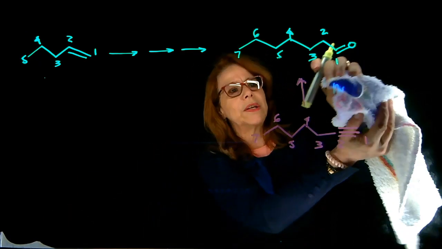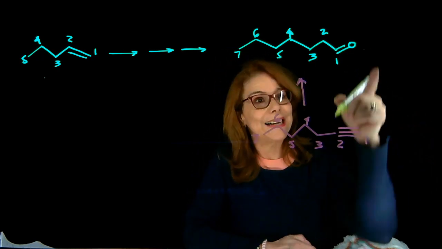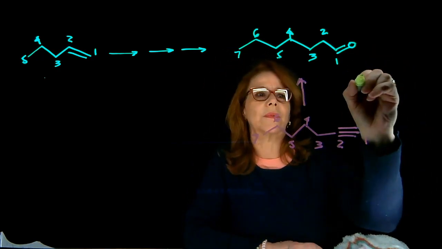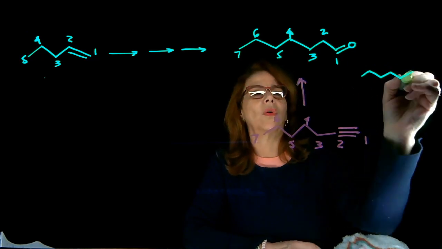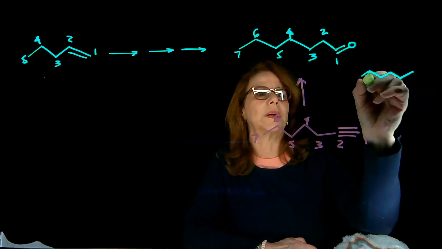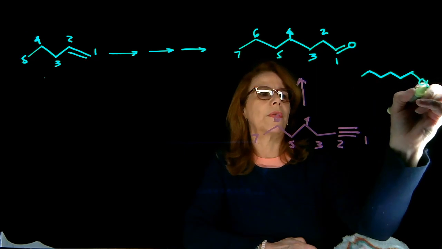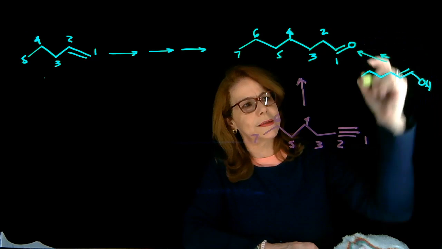So what reagents do I need to use? If you think of the enol of this, let's just write it small over here. The enol will have 1, 2, 3, 4, 5, 6 carbons. How do I make that?